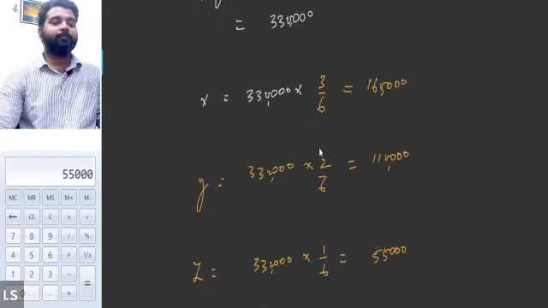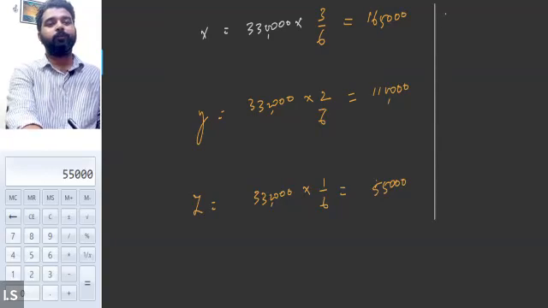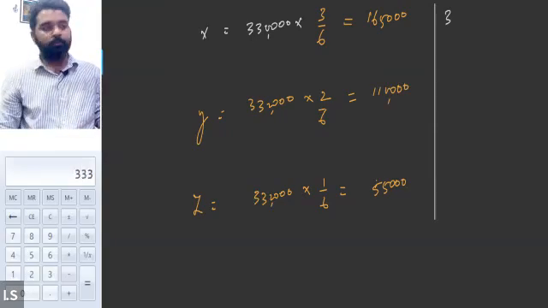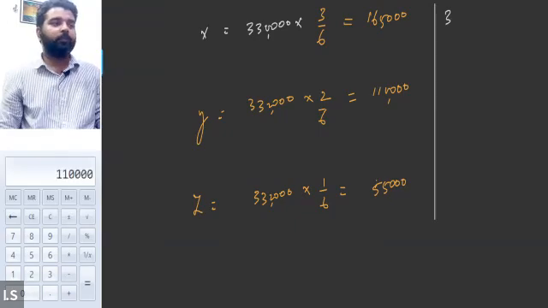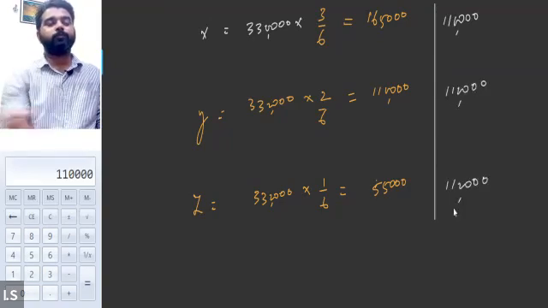That means each partner has got, instead of 1,65,000, let me show you, 3,30,000 divided by 3. So X got 1,10,000, Y also got 1,10,000, and Z also got 1,10,000.